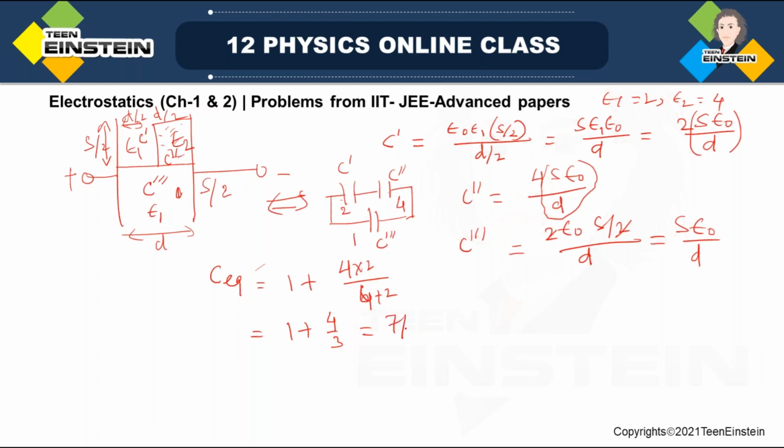That means it is 7 by 3. This S epsilon 0 by D is common, along with that.